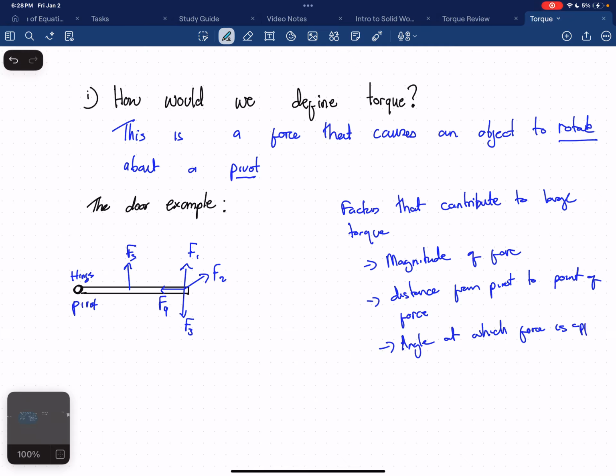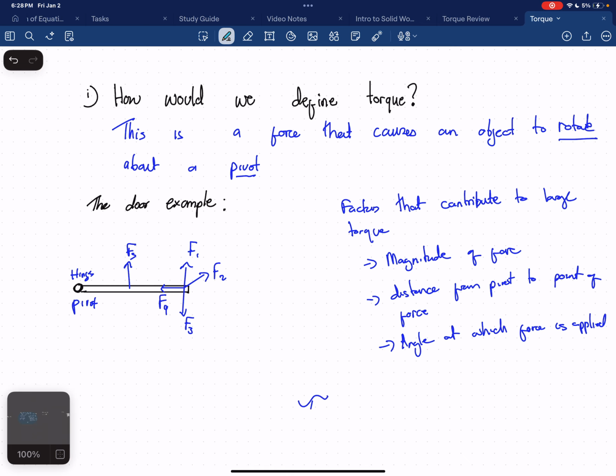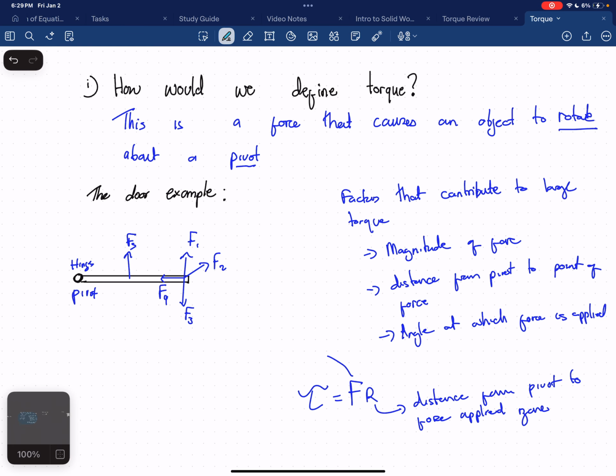And our formula for the magnitude of torque is F times R, where R is the distance from pivot to force application, and F is the magnitude of the force applied.